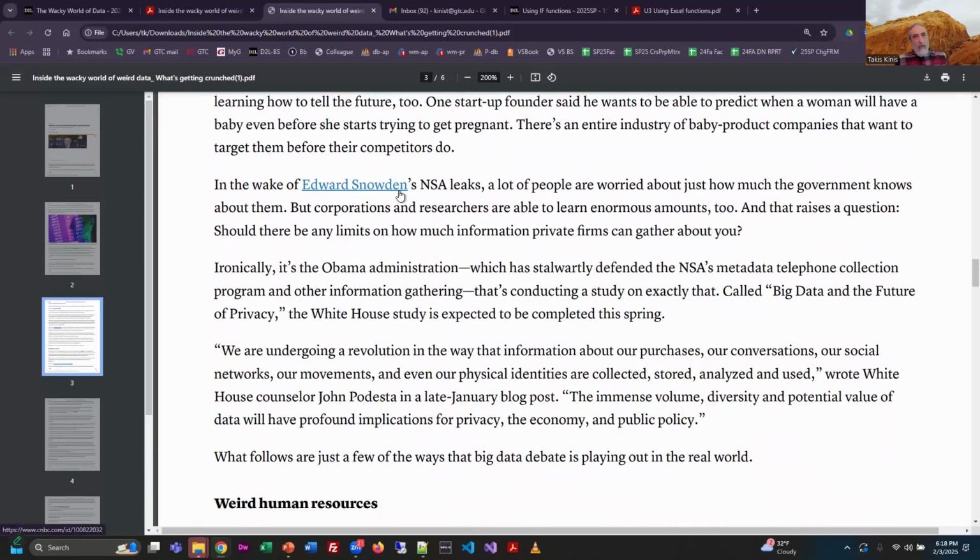Who was recently acquitted, actually, I think, or pardoned, if I'm not mistaken. He's the guy that smuggled a bunch of government secrets out through various sources, and he released them through a website called WikiLeaks.